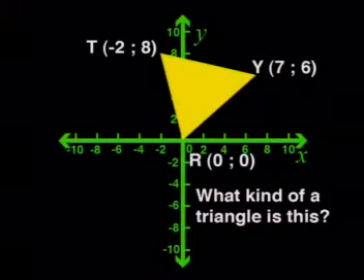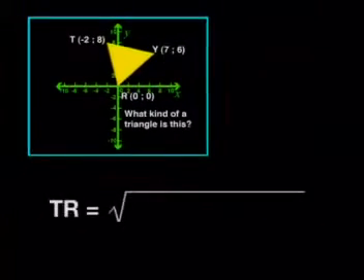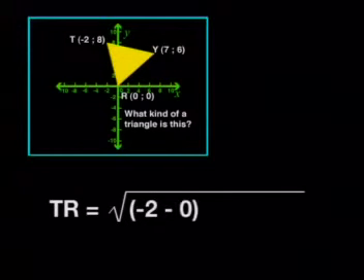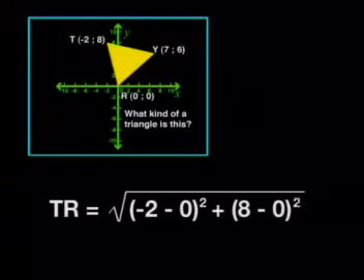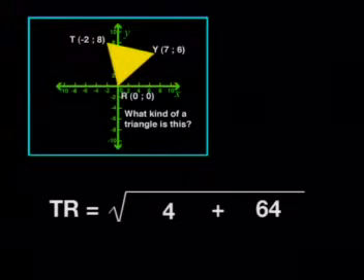So let's work out TR first. Here we substitute into the formula to get -2 minus 0 all squared plus 8 minus 0 all squared. That is the square root of 4 plus 64. That is the square root of 68.